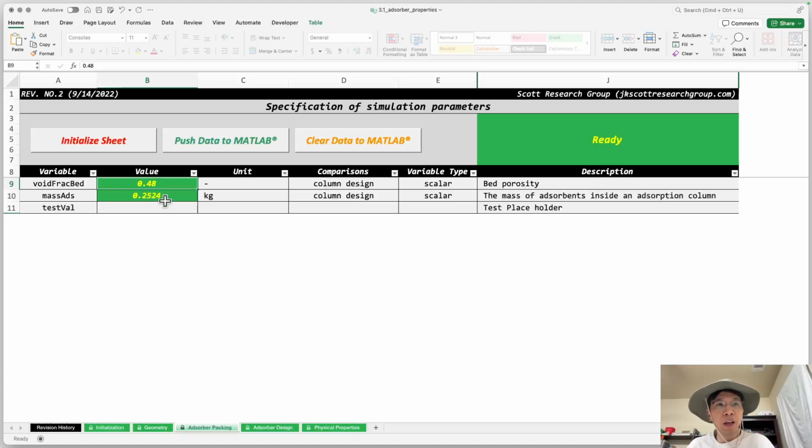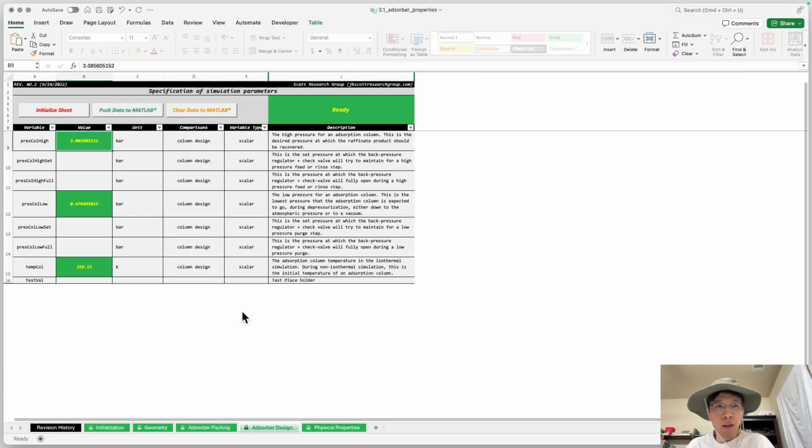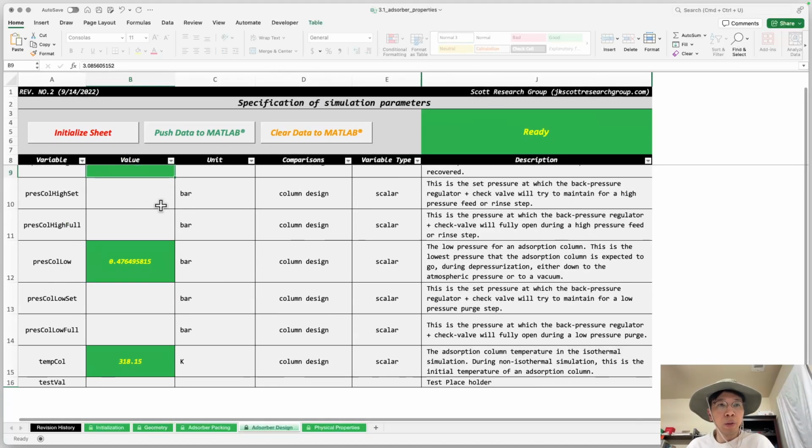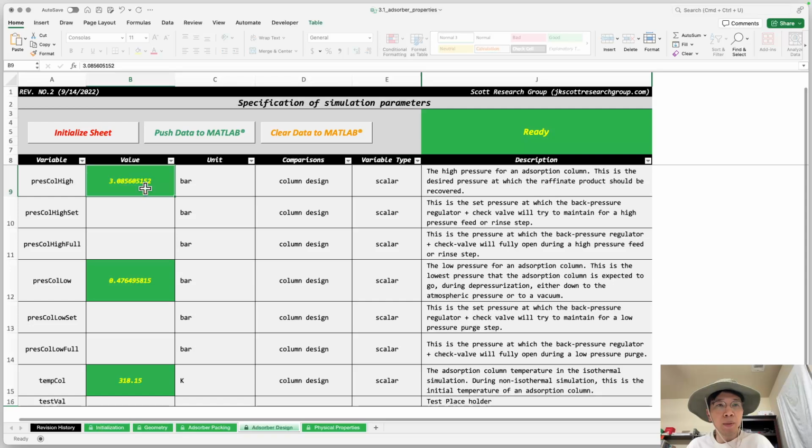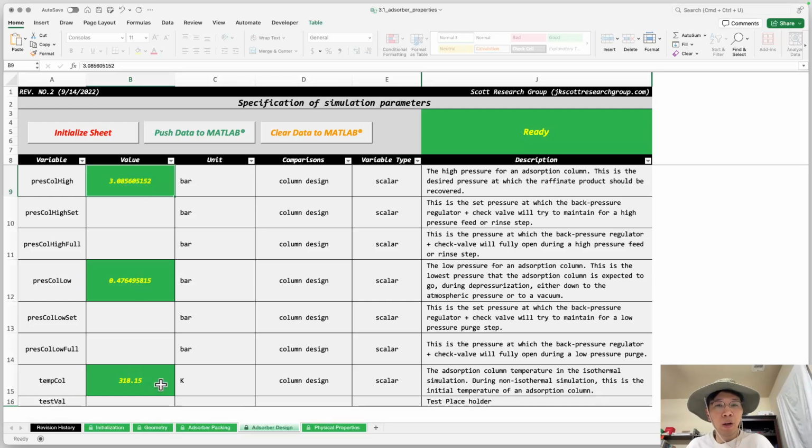And then the mass of the adsorbent is how much adsorbent we're filling inside the packed bed. For adsorber design, of course, we need to specify the desired high pressure target and the desired low pressure target, as well as the isothermal temperature, which is also going to serve as an initial temperature as well.